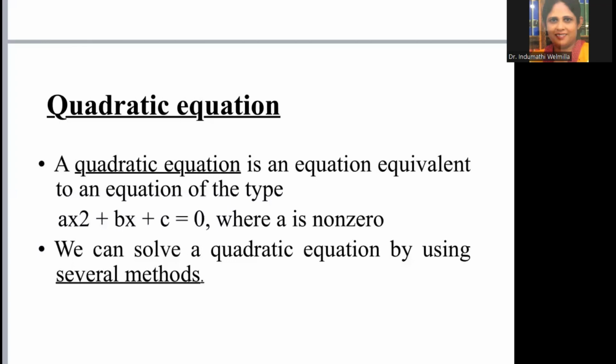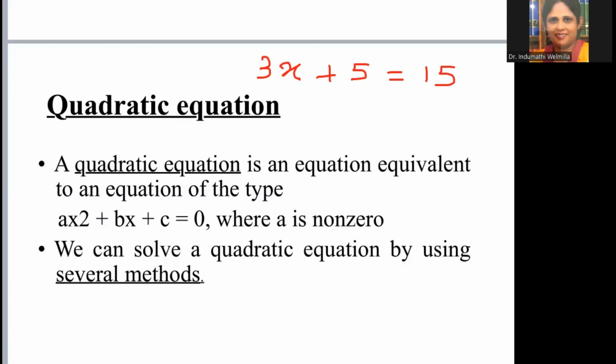All these things we can see in an equation. As a simple example, I will write one example of an equation: 3x plus 5 equals 15. This is an example of an equation.